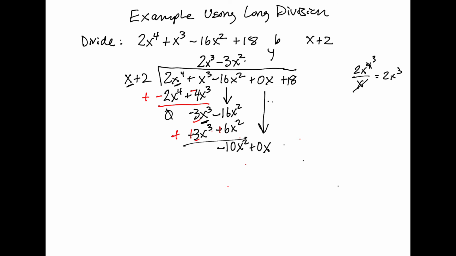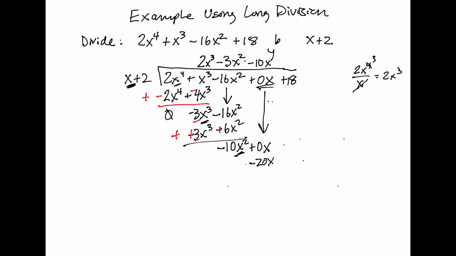And now we, again, focus on the first parts here. X going into negative 10x squared. Well, we need a negative 10 and an x, negative 10x. And that matches up with the column I'm in because I put this 0x here. See how that's important? Let's go ahead and multiply. Negative 10x times 2 is negative 20x.